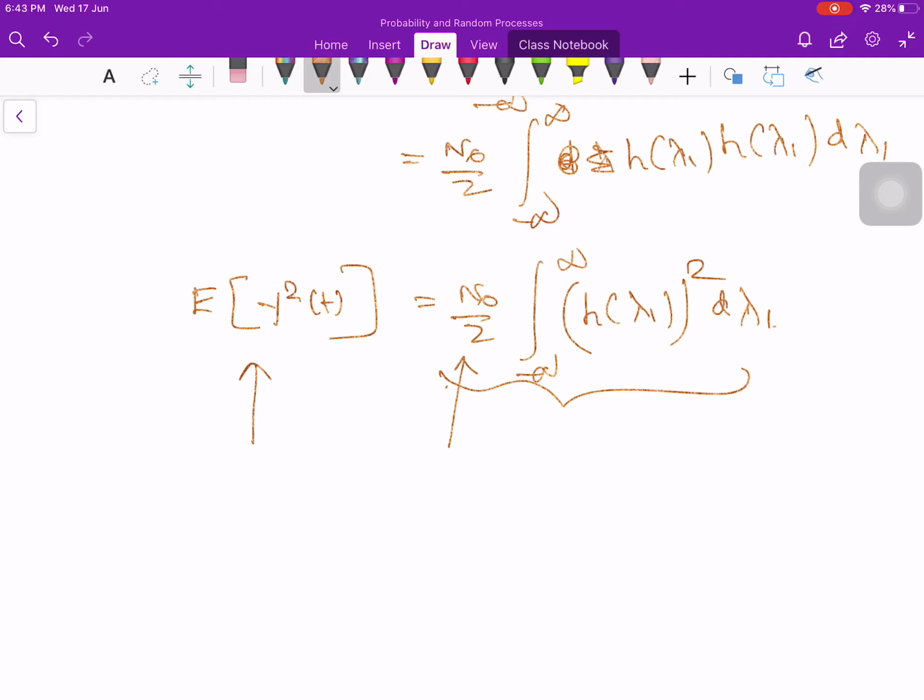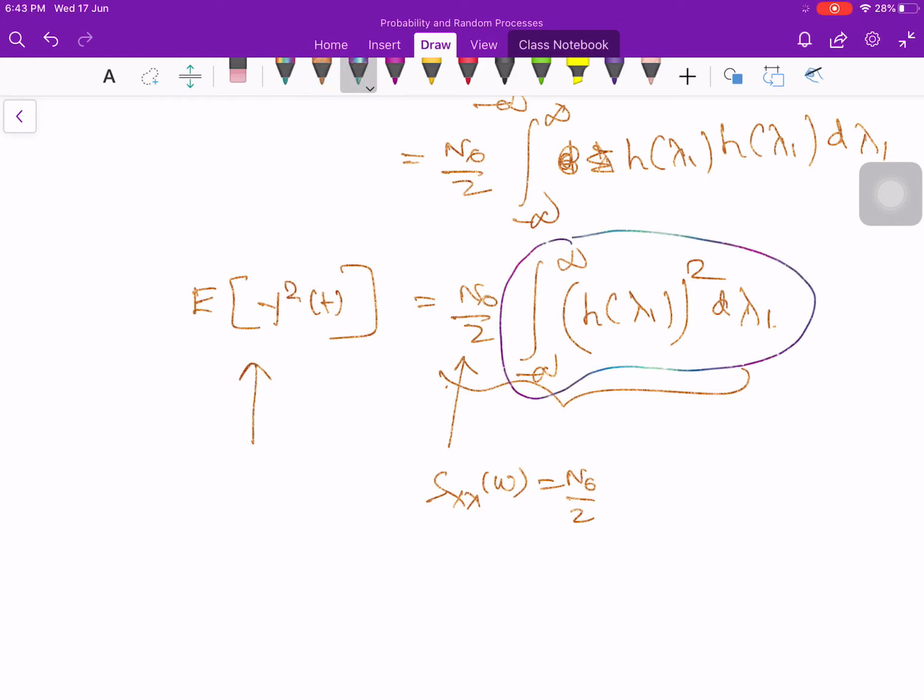By the way, n naught by 2 is the spectral density, Sxx of omega for white noise, multiplied by simply the area under the square of the impulse response, that is h square of t versus t, if the input process is white noise.